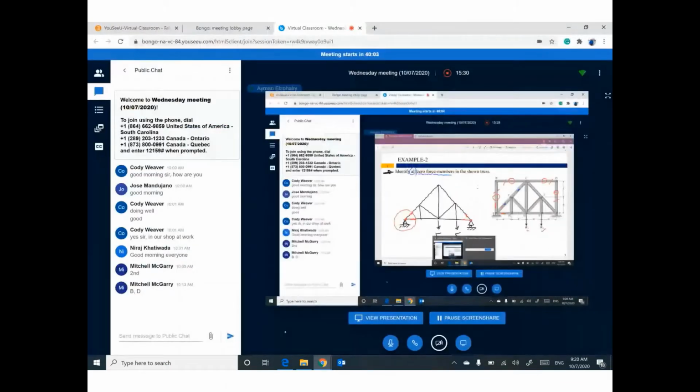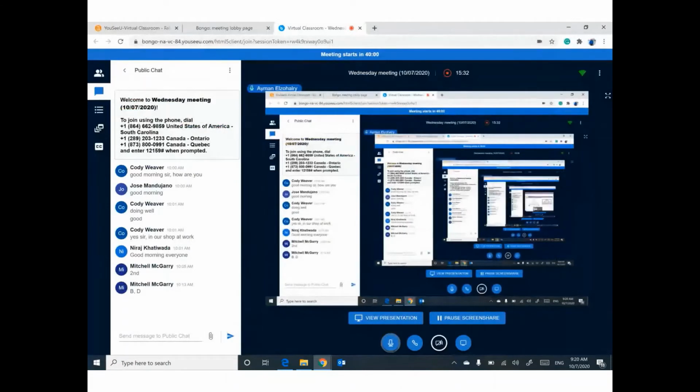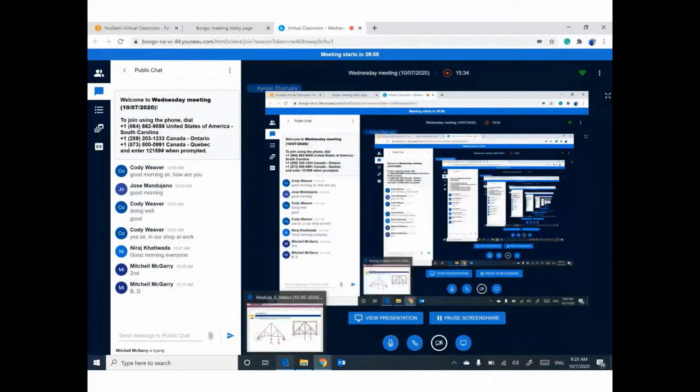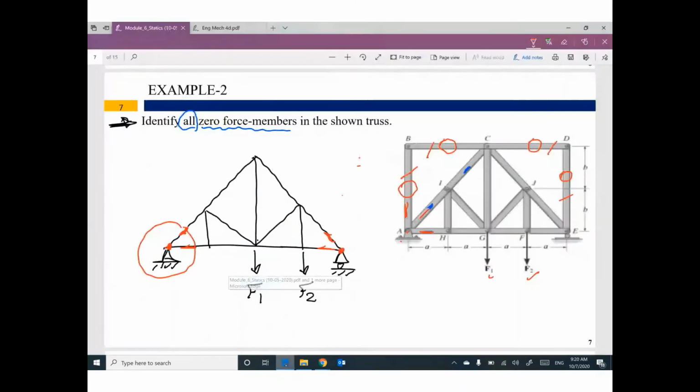Guys, are you here? At A, yes. I'm talking about A. Right now, joint A has 2 members only, after I deleted the vertical one, because the vertical one is 0. So the question is, do you think joint A, which has 2 members, has external forces?